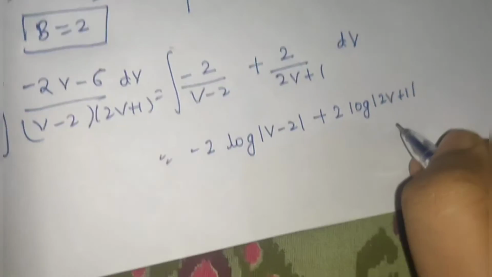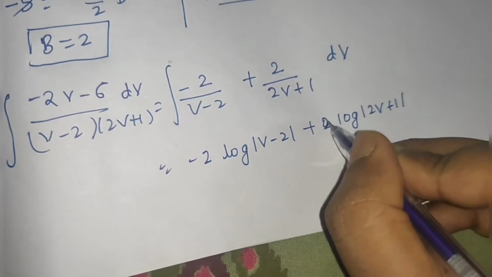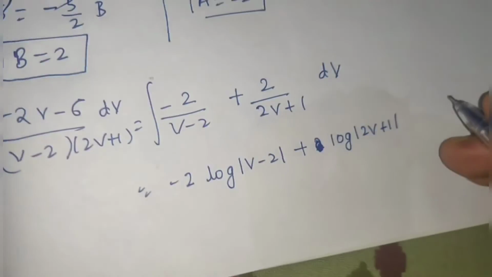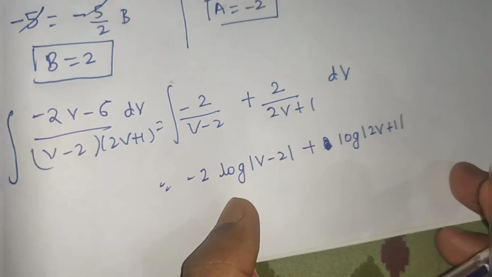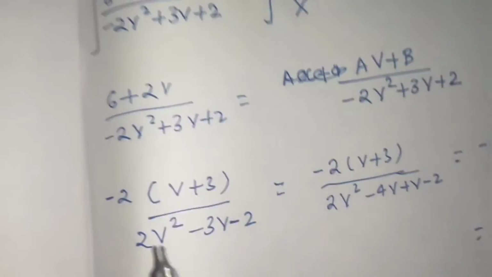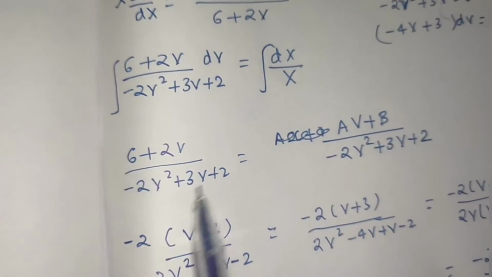So if you divide this by 2, this will get cancelled. So let's leave this. So this we are getting as the integration of this part.